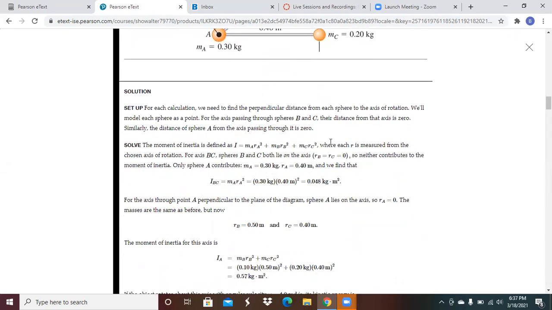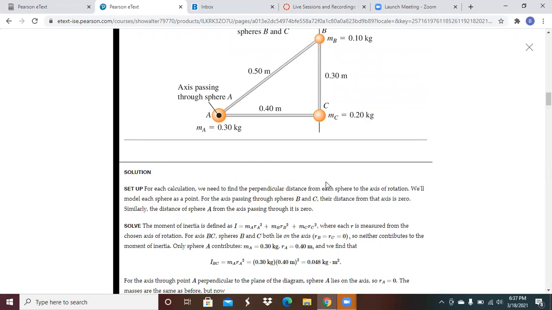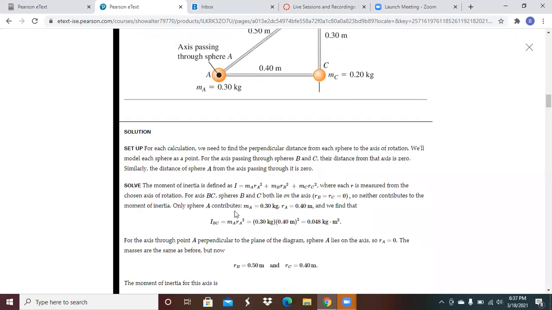So when we go through and we compute all of this, R is going to be measured from the chosen axis of rotation. For axis BC, the spheres B and C lie on the axis, so RB and RC are going to be 0. So neither contributes to the moment of inertia. So only sphere A contributes.